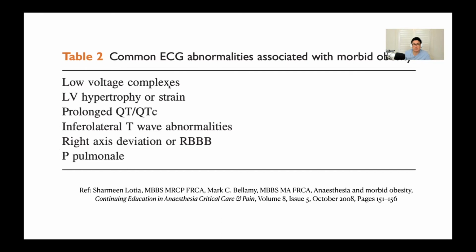So low voltage complexes, left ventricular hypertrophy, prolonged QT, inferolateral T-wave abnormalities, right axis deviation, and P pulmonale. So that's right atrial hypertrophy. And that would be how I think about the cardiovascular changes in morbid obesity.